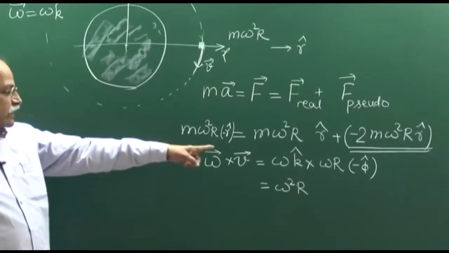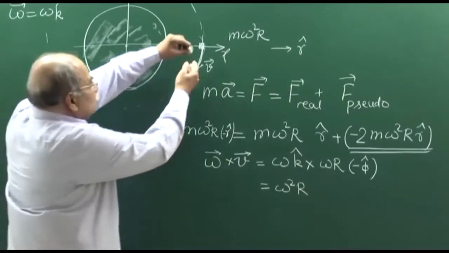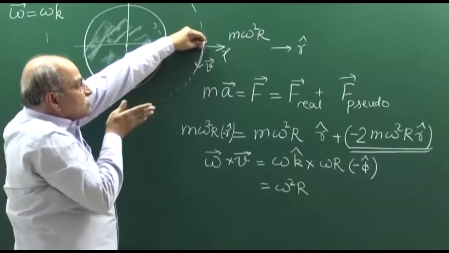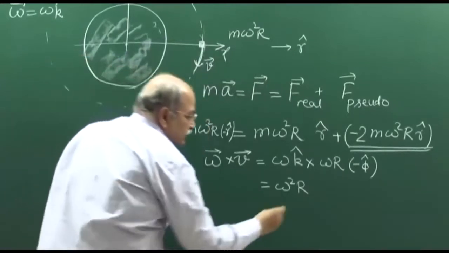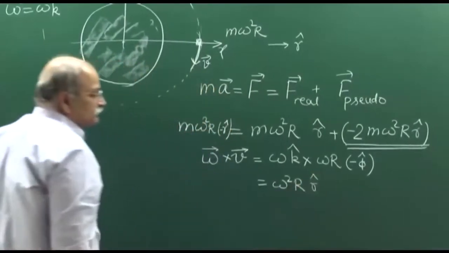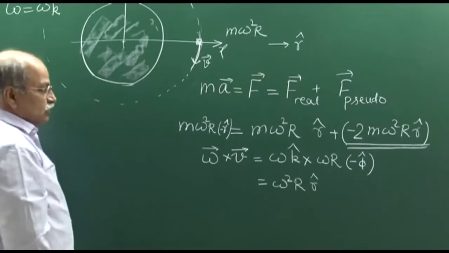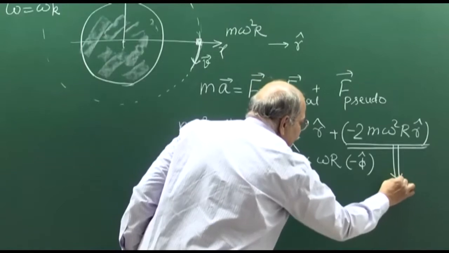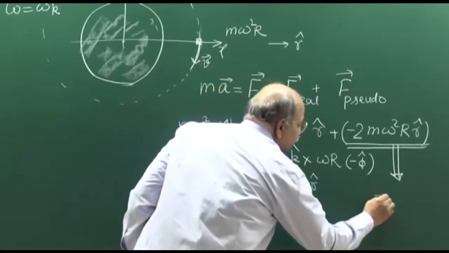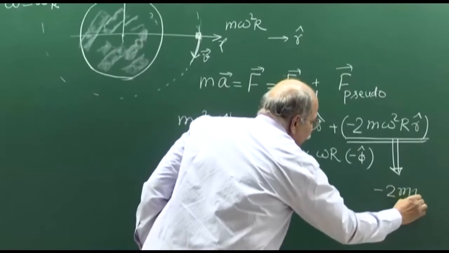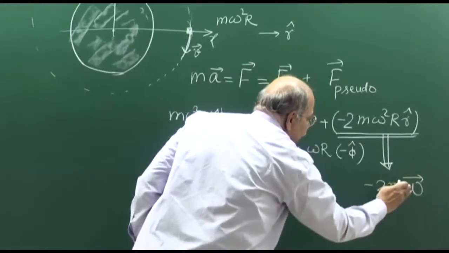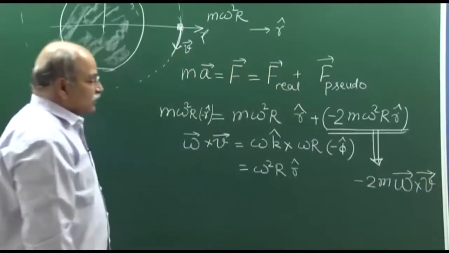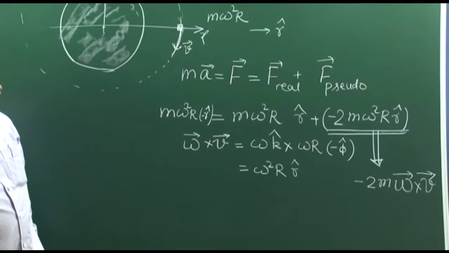And what is the direction of this vector? This omega vector is in this direction, v vector is this direction, omega cross v will be in r cap direction. So, this term here, this yet another pseudo force here, I can write as minus 2 m omega cross v.